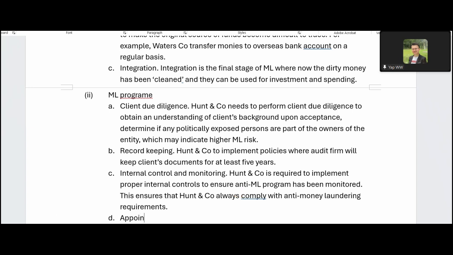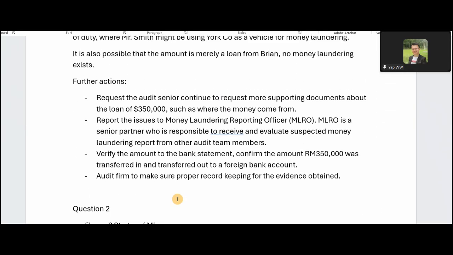So I would say appointment of MLRO. Now, before I write the short form, I must write the full wordings. Money laundering reporting officer, MLRO. So then you can explain the same thing like what I have done earlier.